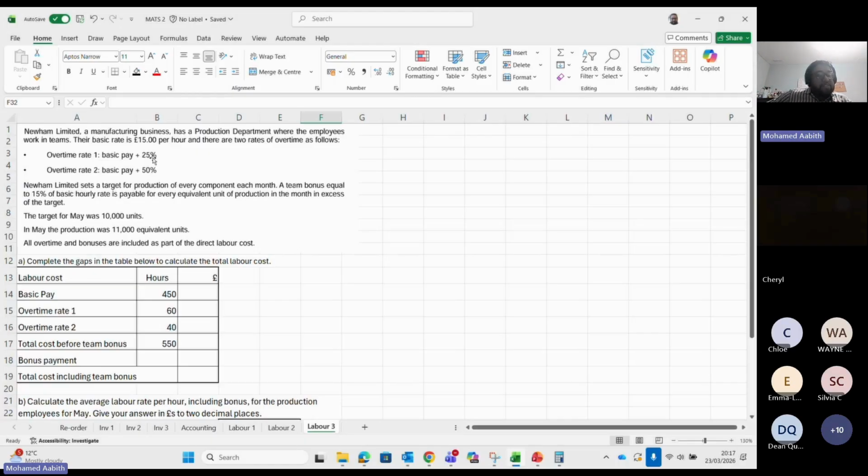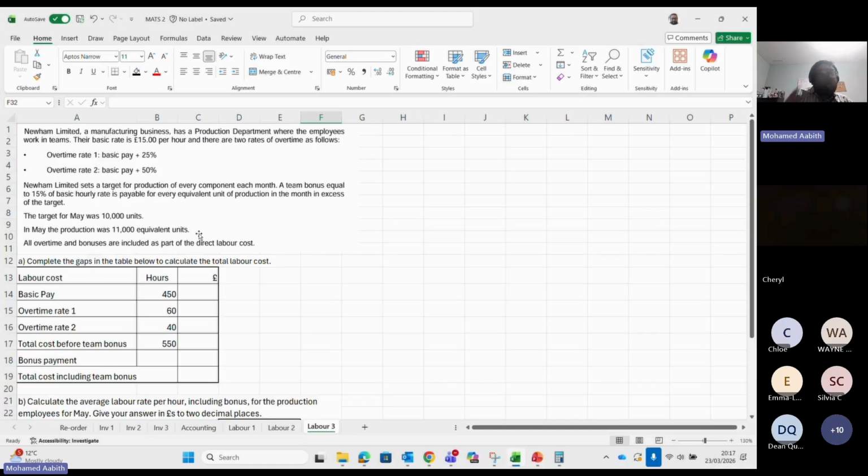New M Limited sets a target for production of components each month. A team bonus equal to 15% of the basic hourly rate is payable for every equivalent unit of production in the month in excess of the target. So they're telling you here the target for May is 10,000, but in the month they have produced 11,000 equivalent units.